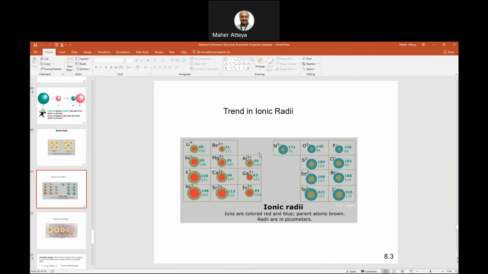So you can see this is the opposite. Whenever the lithium by itself is big, when it comes to giving away its electron, it will shrink. Correct? It will shrink. And this one here will increase, from 60 to 136.